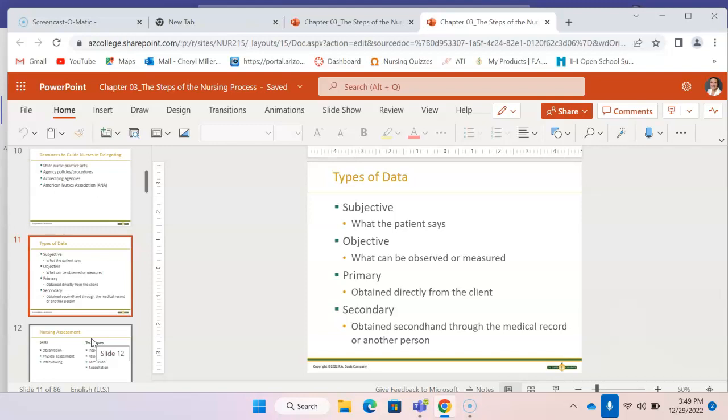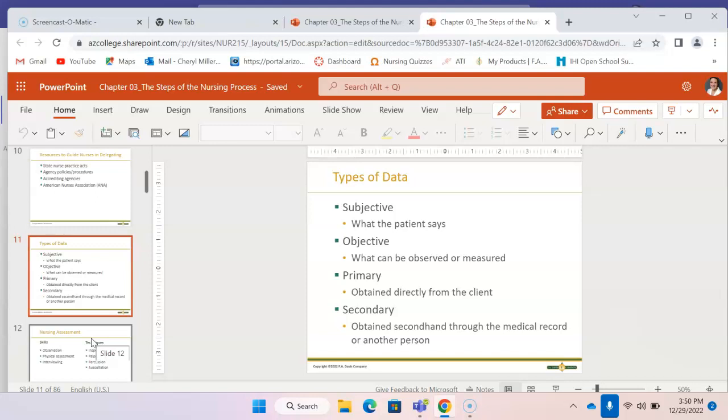I can say the patient is squealing in pain. I can say they are crying. I can say they are anxious, appearing anxious, hyperventilating. I can say their respirations are 27, but I cannot say there's no pain.